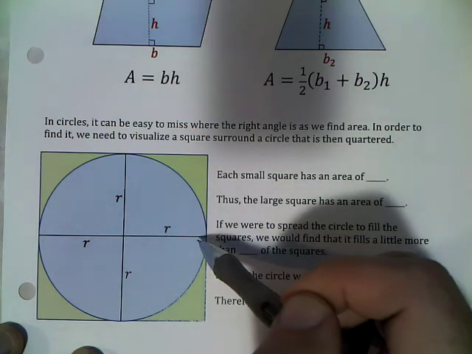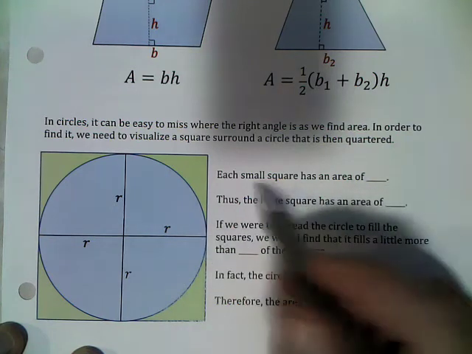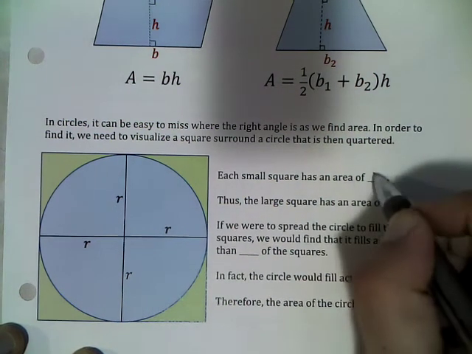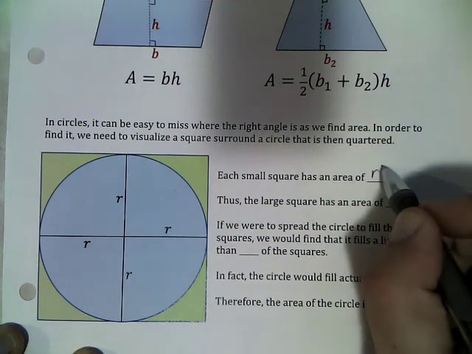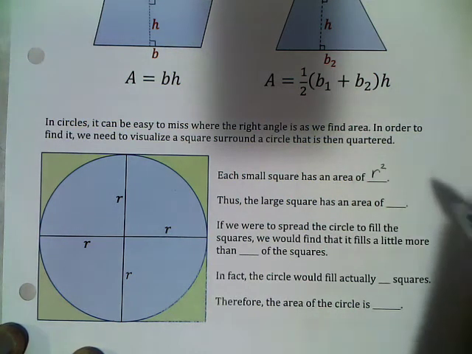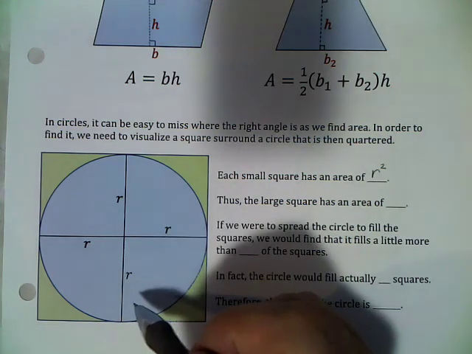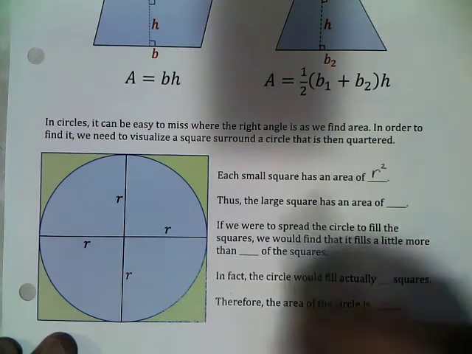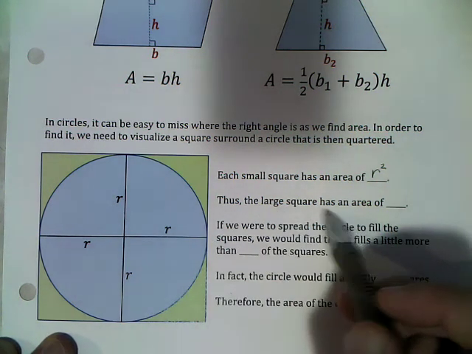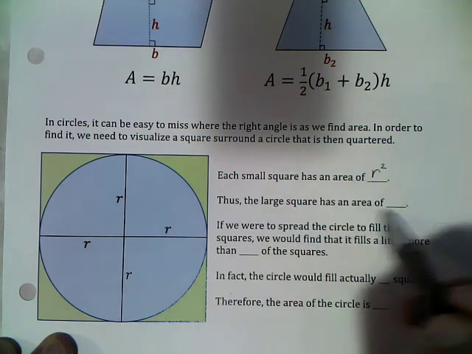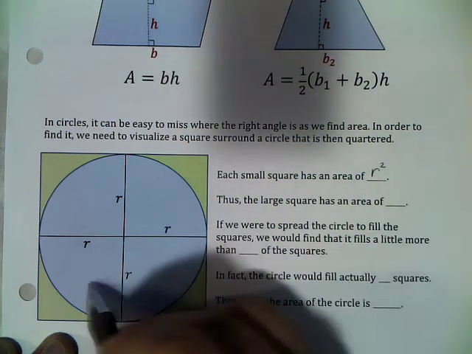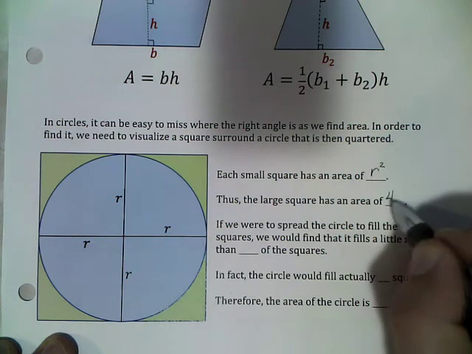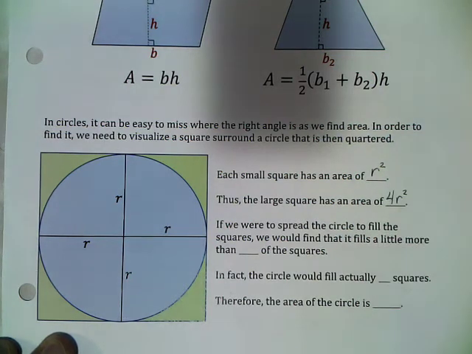Well, anytime you multiply something with itself, you can rewrite that with an exponent. So each small square has an area of r, but being multiplied with itself 2 times. So r squared. R here because it's the radius of the circle. So thus the large square has an area of, well, 1, 2, 3, 4 of those r squareds.